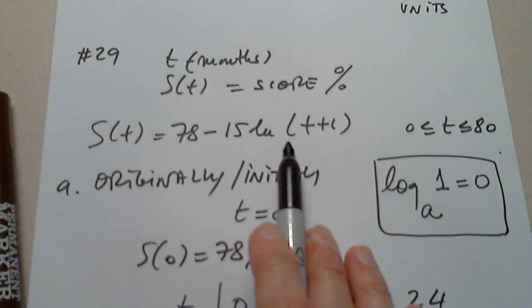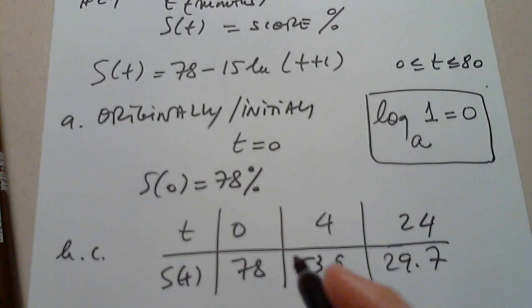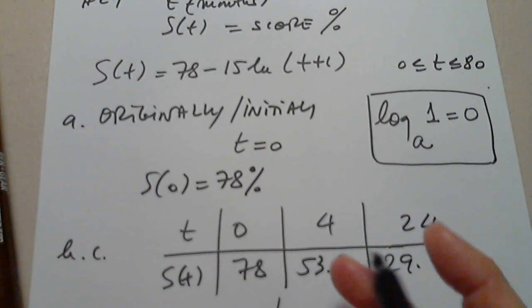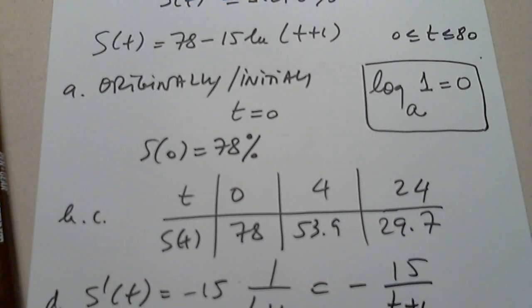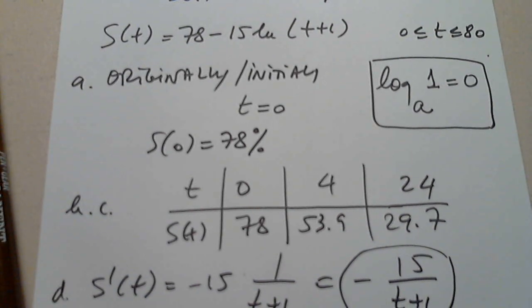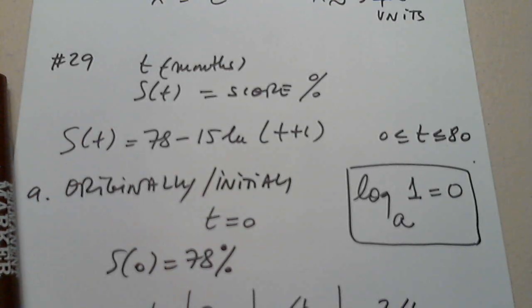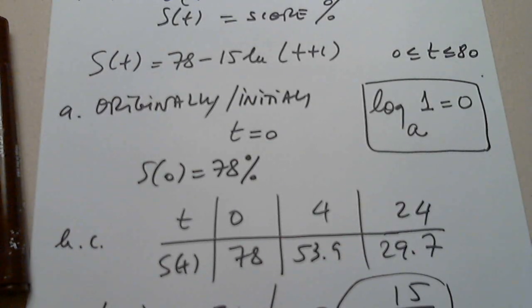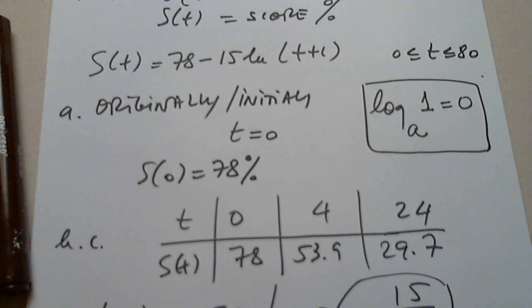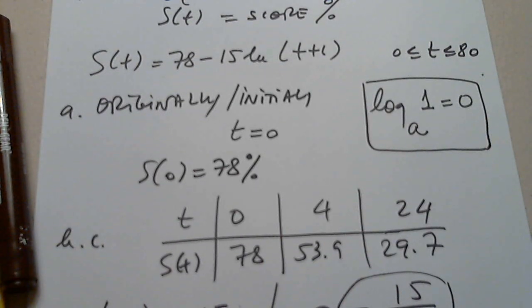Can anyone give us the derivative of natural log of t plus 1? Is it 1 over t plus 1? Indeed, times the inner function prime, which is 1. Good. So S prime of t is negative 15 over t plus 1. This is the rate of change of this function at any point where the function is differentiable.